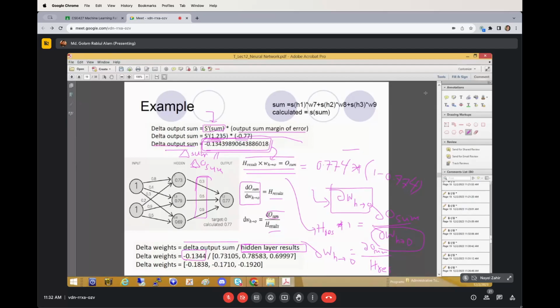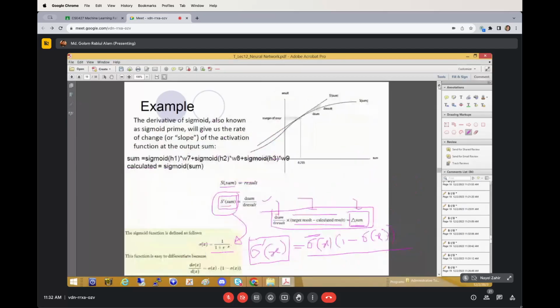We already calculated the hidden layer results.